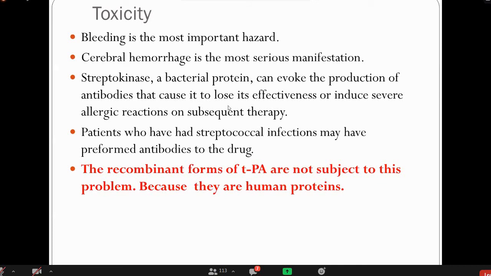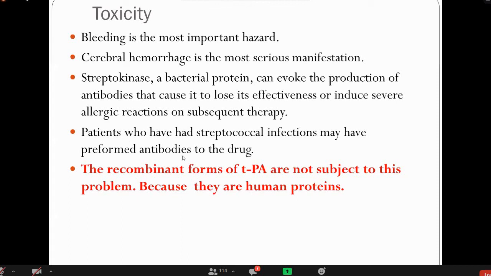Now, this point that I was telling you: streptokinase, a bacterial protein, can evoke the production of antibodies that cause it to lose its effectiveness or induce severe allergic reactions on subsequent therapy, right? The first injection will produce the maximum activity, but if it is given a second time after a short gap, most probably there is a chance of losing effectiveness, or sometimes it may produce an allergic reaction due to antibodies formed on the first exposure, right?